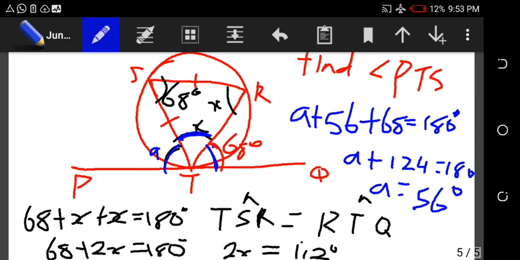All right, so we see that either way we are still correct.